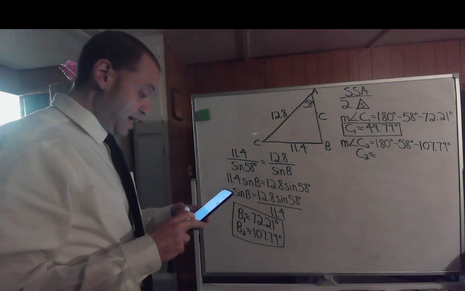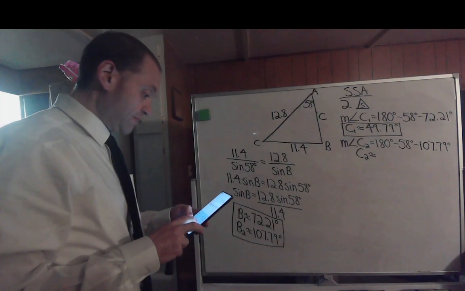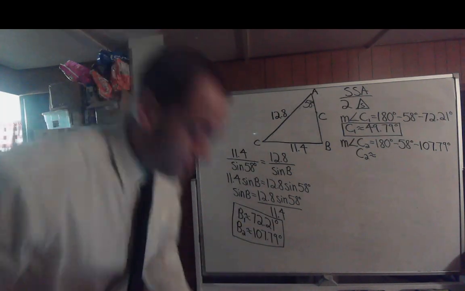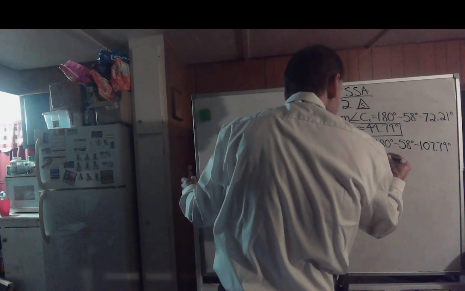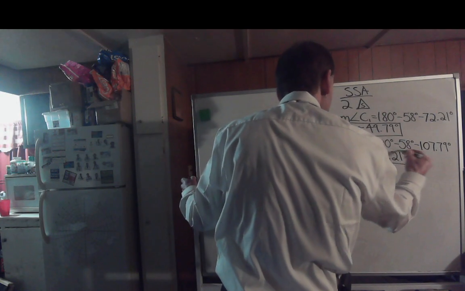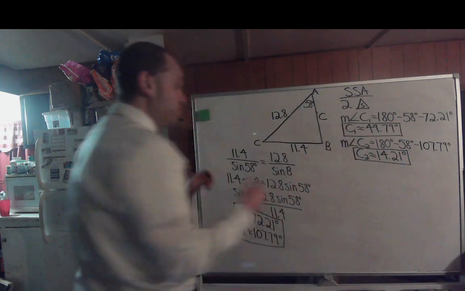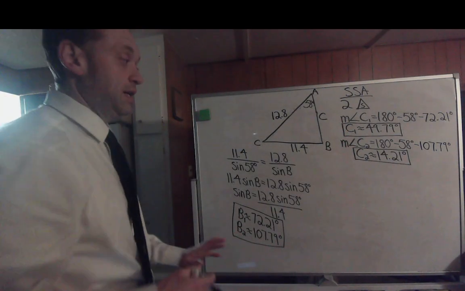So 180 minus 58 minus 107.79 gives you a measure of approximately 14.21 degrees for angle C2. So there's your two possible measures of angle C depending upon what you got for angle B.